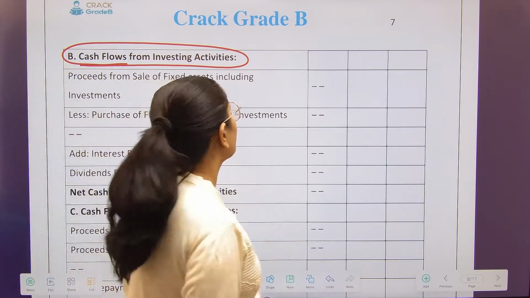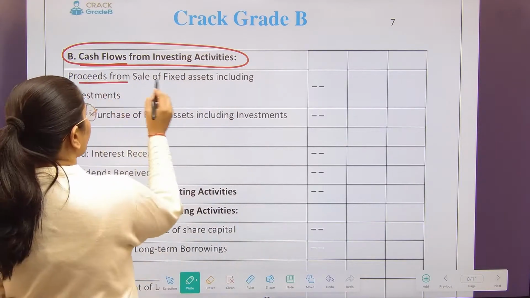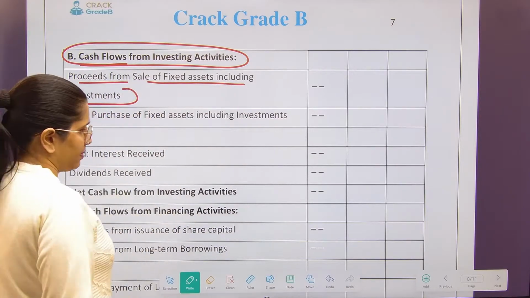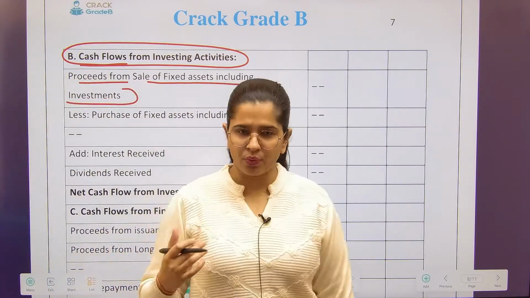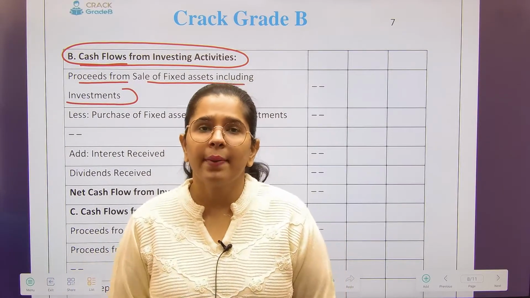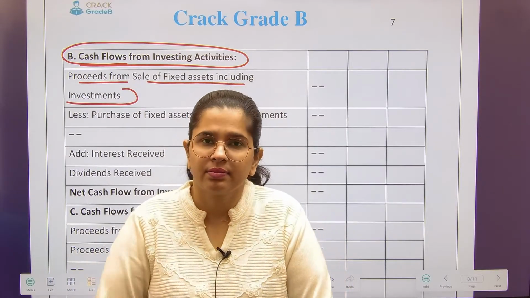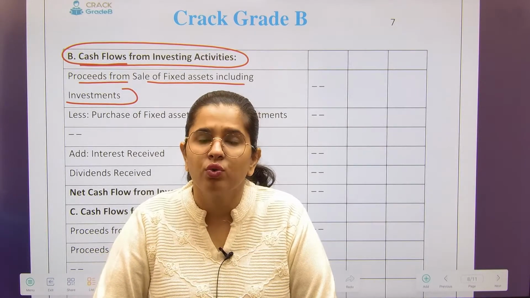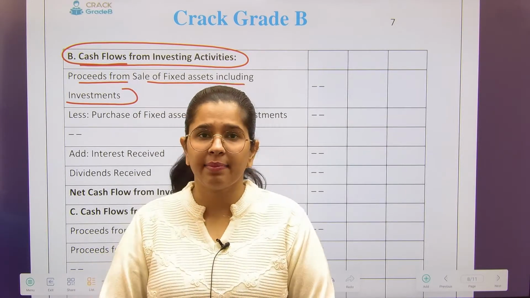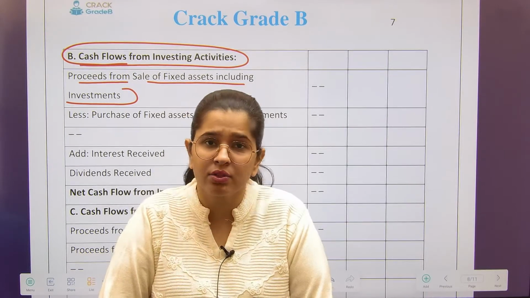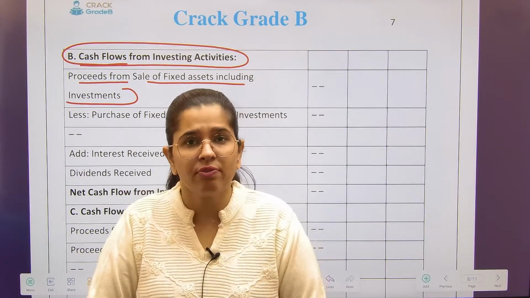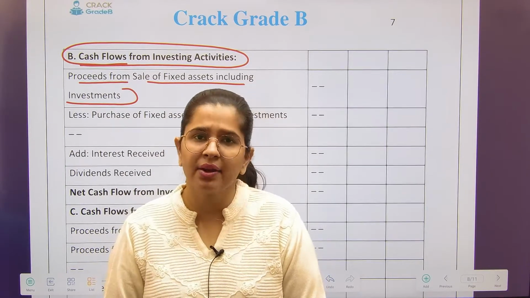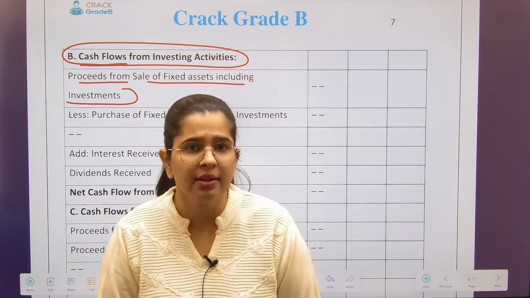Right? So proceeds from sale of fixed assets, including investments. Now tell me, suppose you are purchasing a building, correct? You are not a real estate developer whose business is to purchase and sell buildings, or a property dealer. You are a normal businessman who is doing a business of designer bags.